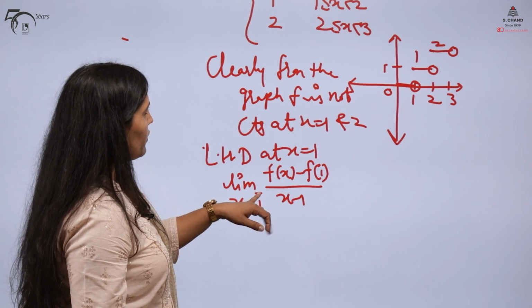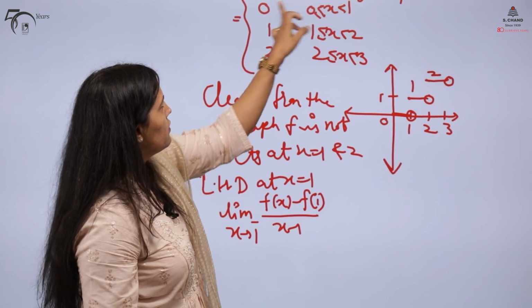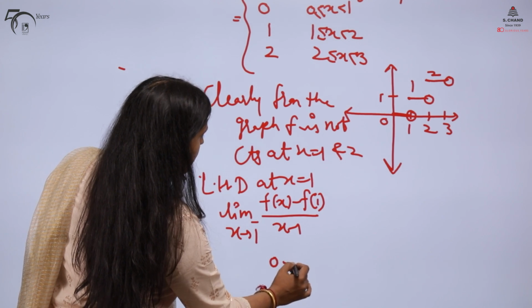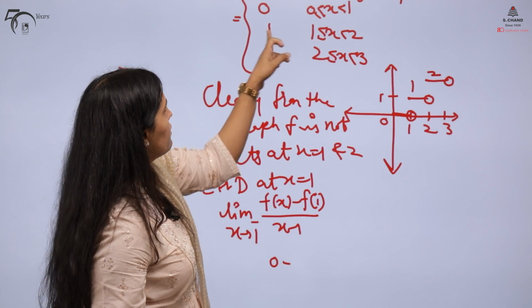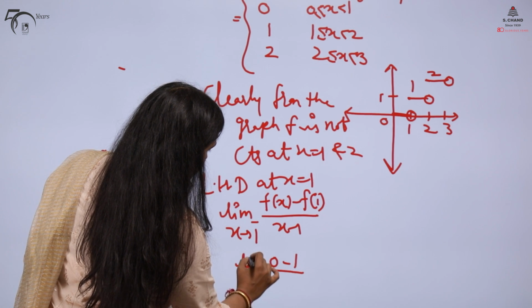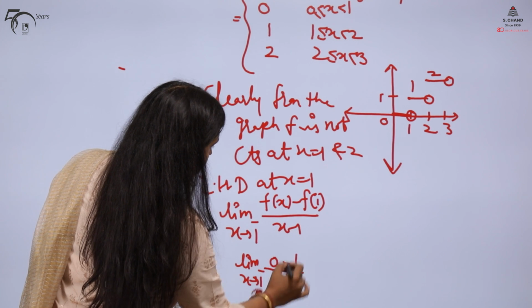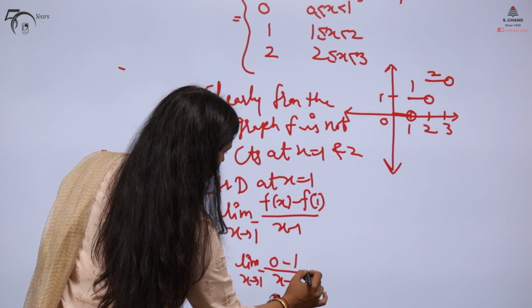Now, when you are moving to the left of 1, what is it giving you? 0. What is f of 1? f of 1 is 1, and then limit x tending to 1 minus.